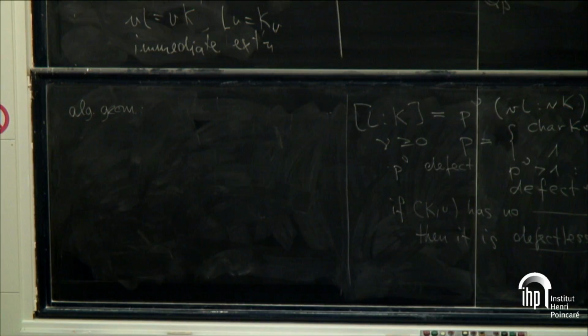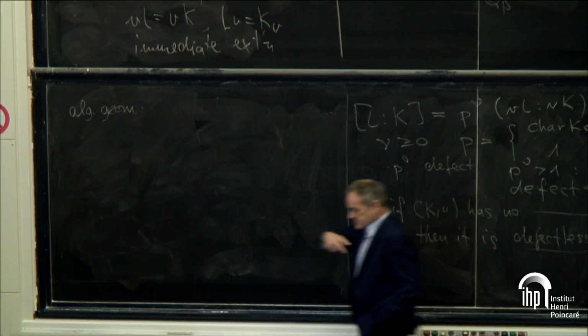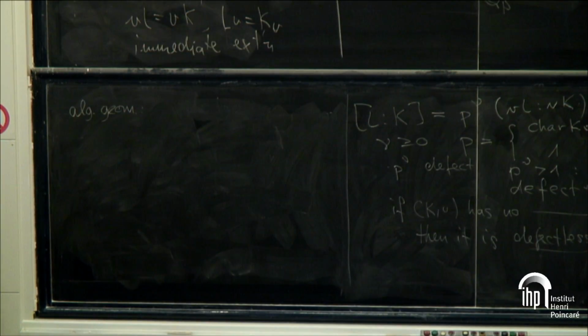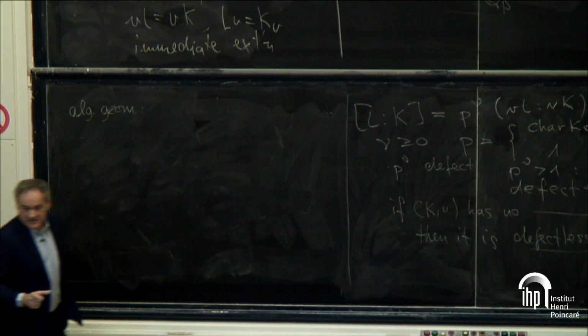That means we want to get rid of one singular point. Well, we'll go to another variety that has the same function field.